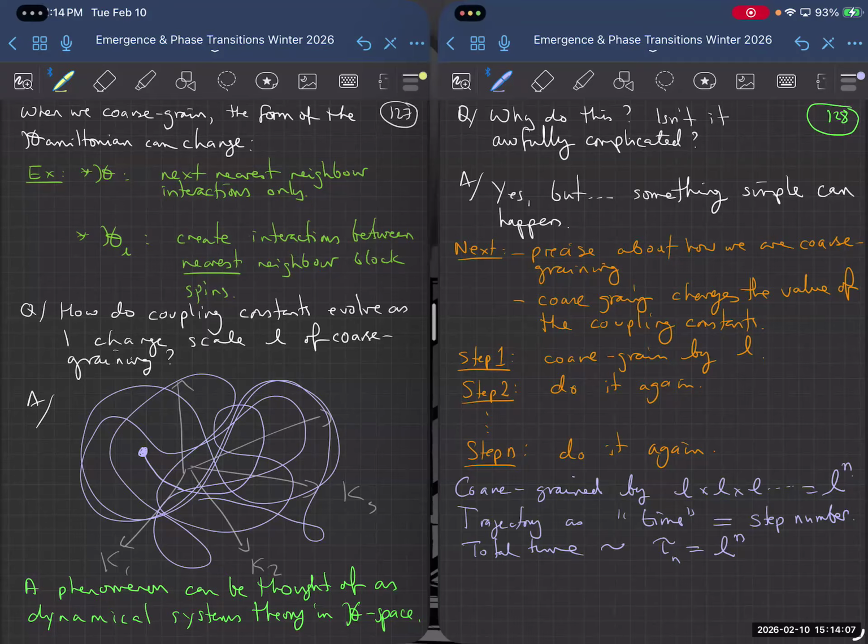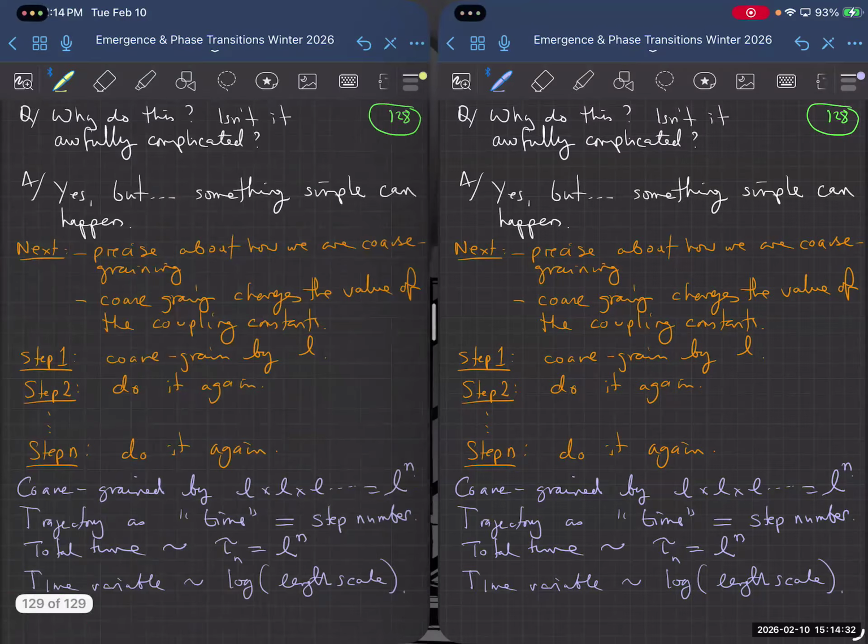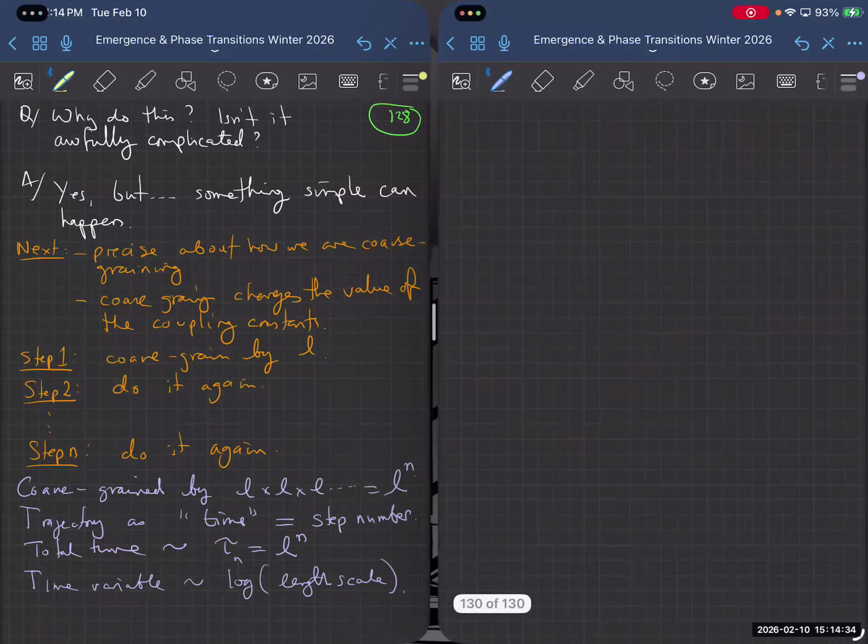So we will see that the time variable is like a logarithm of the length scale. Okay? And we'll see that explicitly. So far I've just shown you what it means by looking at the picture on the left. Now I want to show you what is the magic ingredient of the renormalization group.